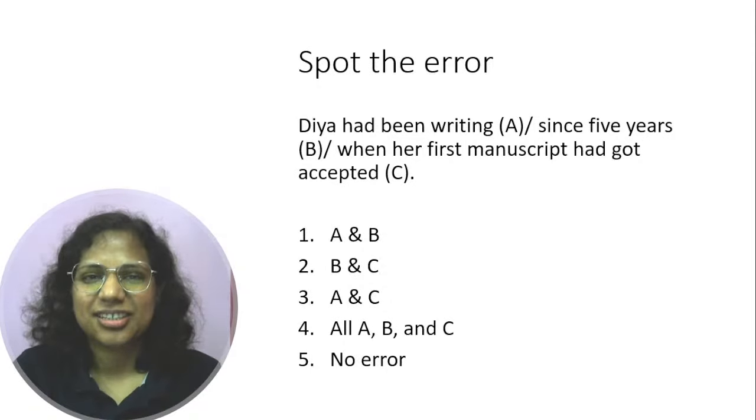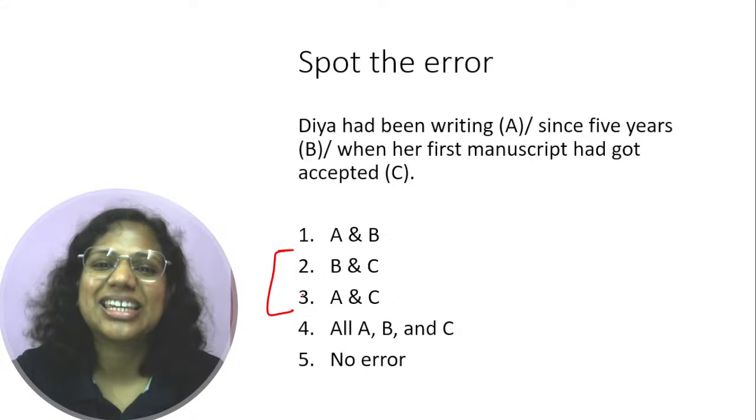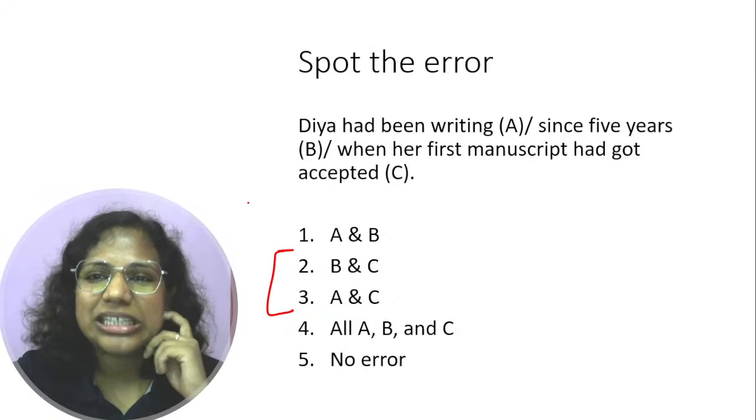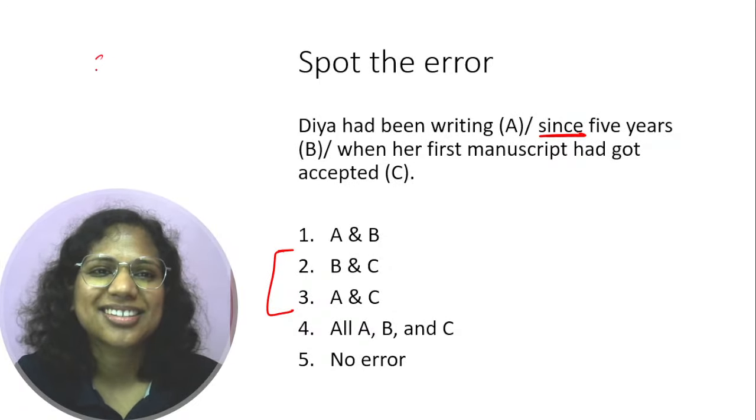All right. So I've got 3 responses. Okay. All right. A lot of you say no. Okay. 3 of you say B, as in 3 of you say 2. 4 of you say 2. Okay. 2 और 3 में confusion है ऐसा लग रहा है, right? चलो देखते हैं क्या होना चाहिए. Should it be 2? Should it be 3? Diya had been writing. Is this correct to say since 5 years? Since 5 years.